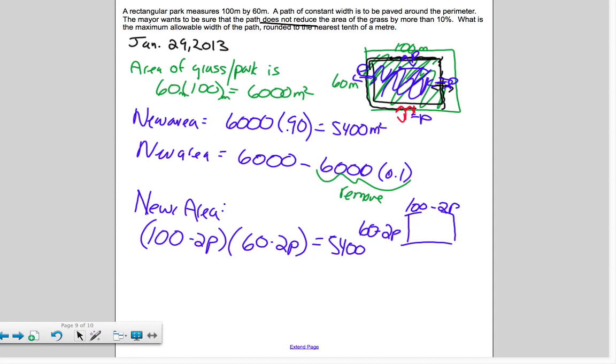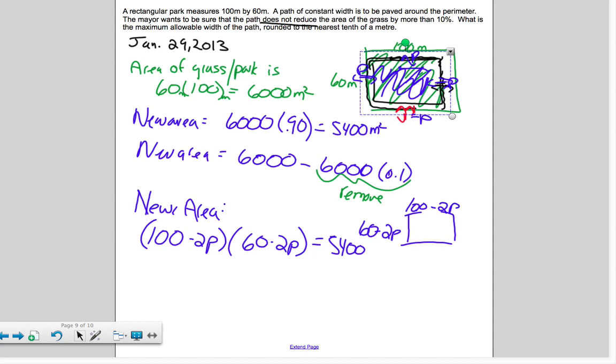Yes, Michael? I'm still confused. I understand where you get the 2p from, but why do you do it? Because here is a path, right? P is the width of the path.